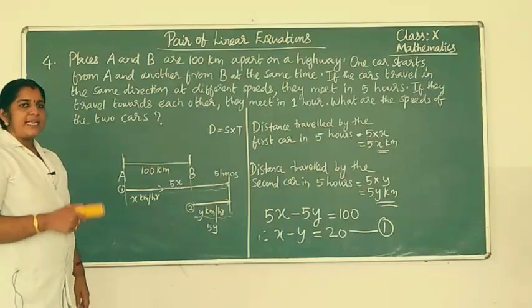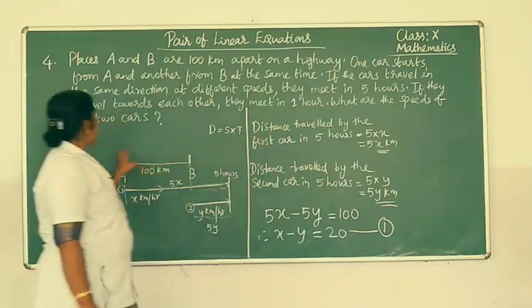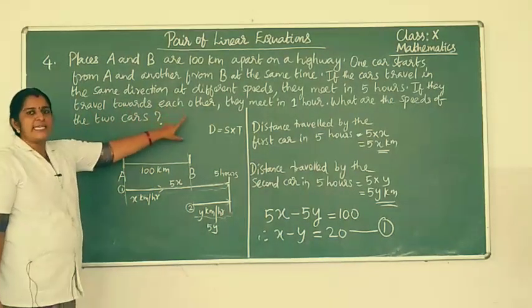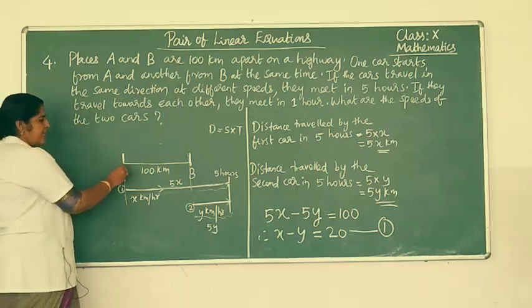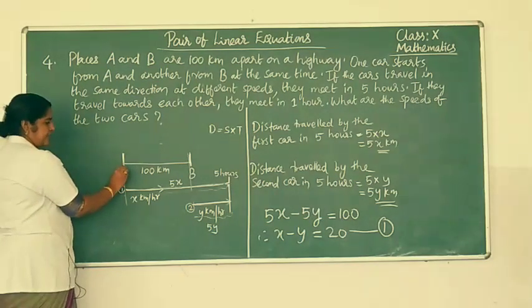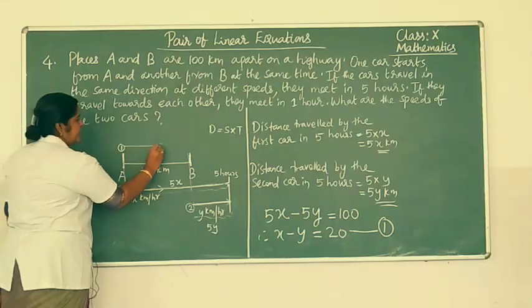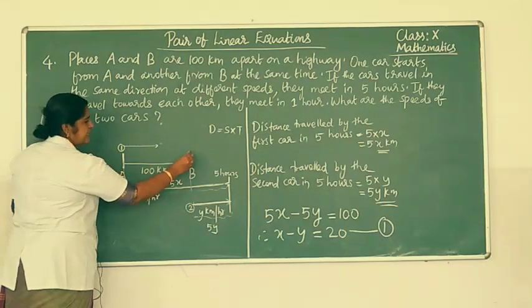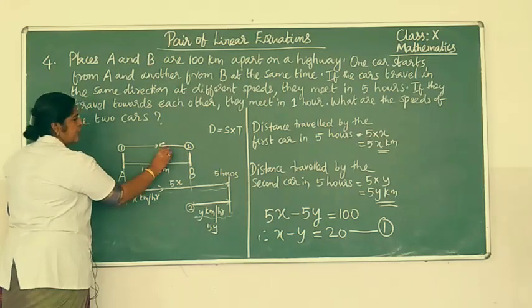Now come to the second case. What is the second case here? If the two cars are traveling towards each other, from the first place A the first car is traveling, and from the second place the second car is traveling, and they are coming towards each other.